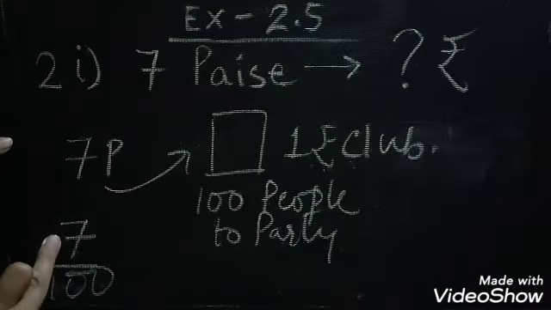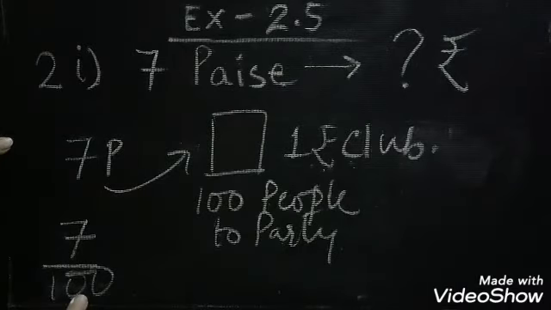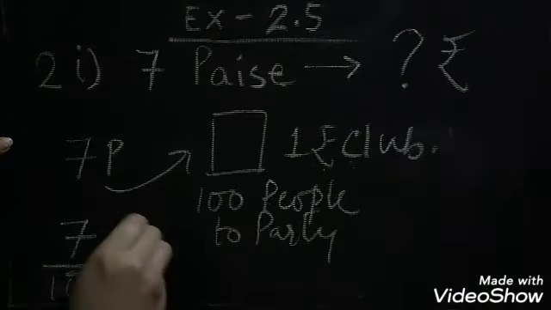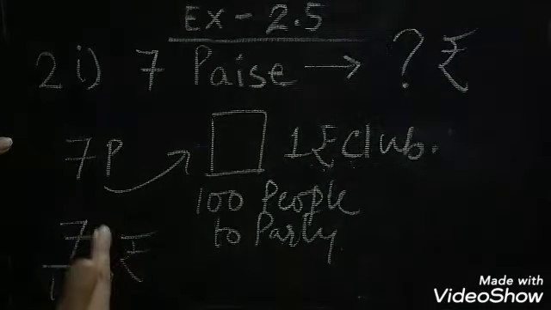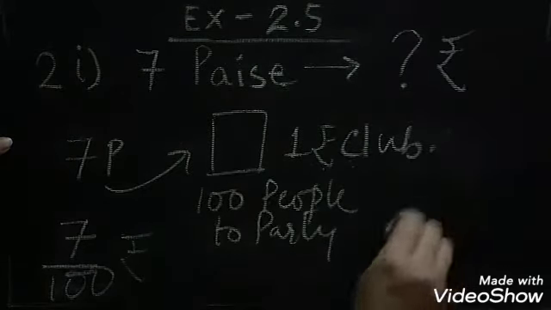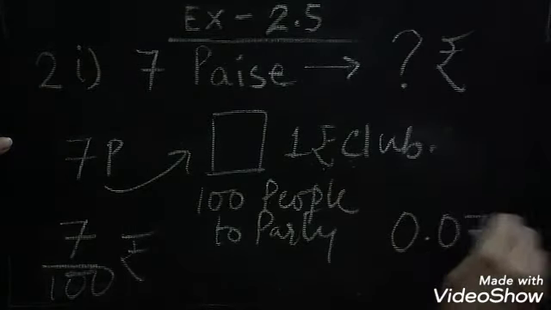So 7 paisa is actually the 7th part out of 100 such equal parts that will make a rupee. Hence, 7 paisa is equal to 7 upon 100 rupee, which can be converted into decimal as 0.07 rupee.